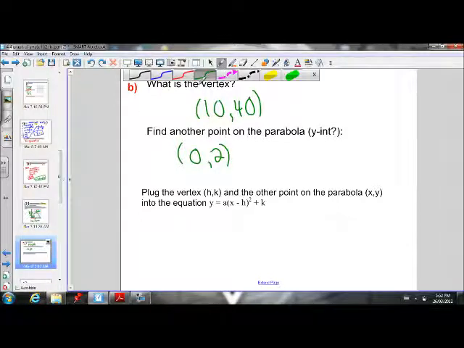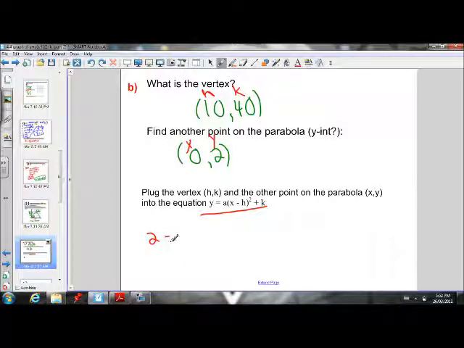Plug all of this information into the vertex form. So sorry, this is our h, this is our k, this is our x, y. Plug all of that into this equation, and we get 2 is equal to a times (0 minus 10) squared plus 40. x is 0, 10 is h, 40 is our k value.